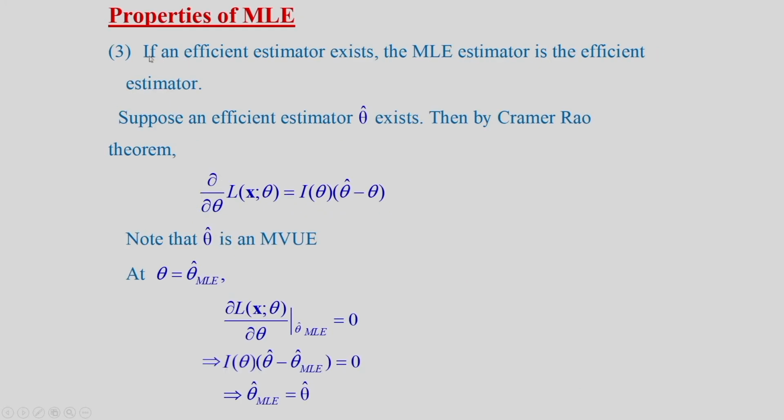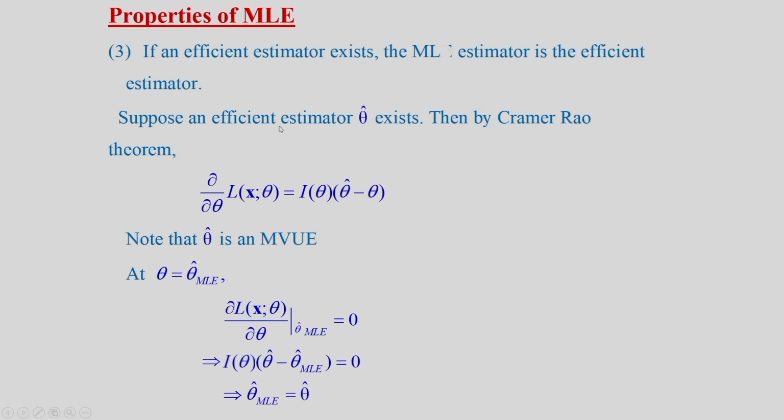Next property is that if an efficient estimator exists, the ML estimator is the efficient one. This is an important property because we always look for an efficient estimator, and if we know that it exists, then the ML estimator will be the efficient estimator. Now, suppose an efficient estimator theta hat exists.